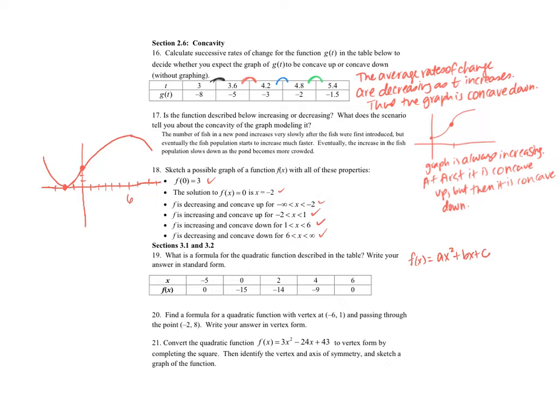So I'm going to start by looking at this point here. We're going to use 0, -15 and plug that in. So I'm going to plug in 0 for x, and then -15 will be the function value. So -15 equals a times 0 squared plus b times 0 plus c. So that tells me that c is equal to -15, so I get that right off the bat.